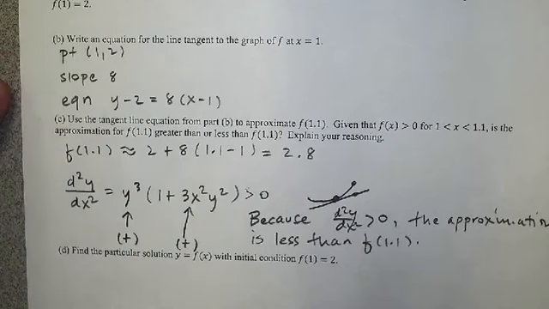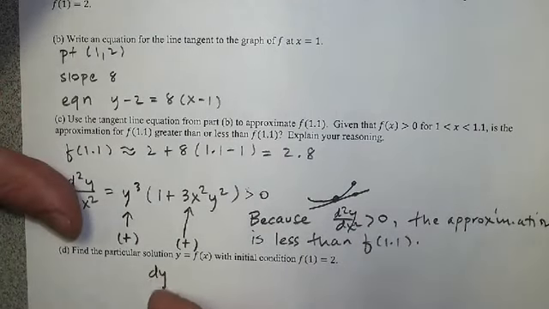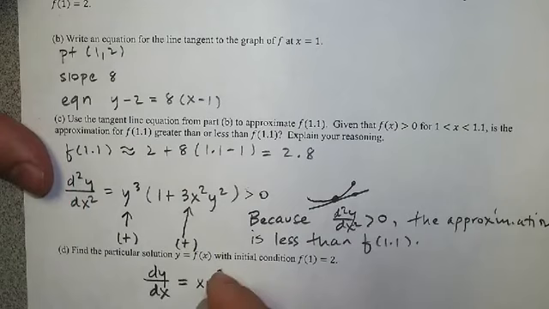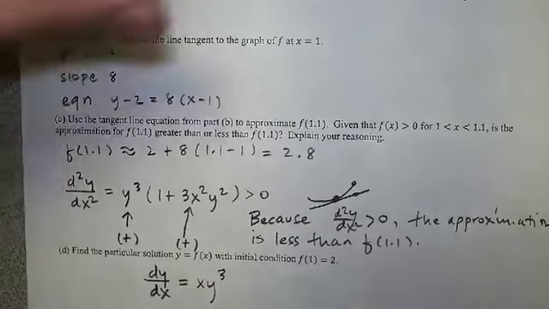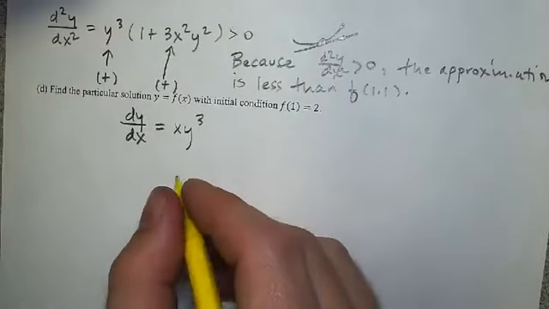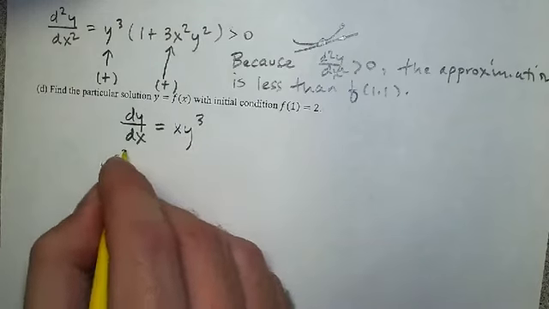All right, so find the particular solution y equals f of x with the initial condition f of 1 equals 2. So that's where we start with dy dx, and that's x times y to the third. Then I'm going to scroll this down a little bit so you can see my work. Let's see, divide both sides by y to the 3.